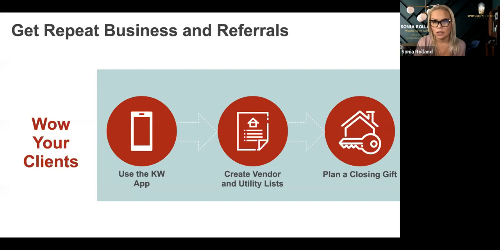Okay, vendor and utility lists. Now you guys all have access to the drive. There's a bunch of vendors in there, but you may want to consider creating your own page where you have those options for your clients that you can easily send to them. And then stay in touch with those vendors.